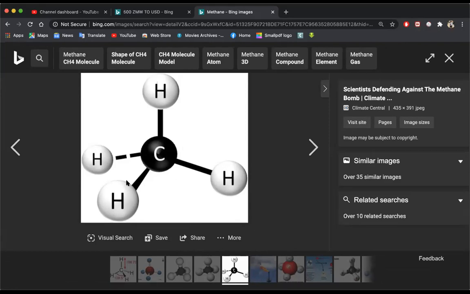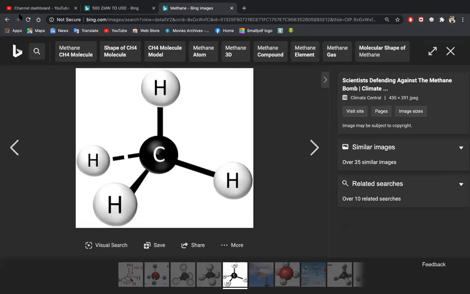It's a 3D representation, of course. We have the wedge, which represents the substituent, in our case a hydrogen of the methane molecule, that is facing us. Then there's another hydrogen that's behind.